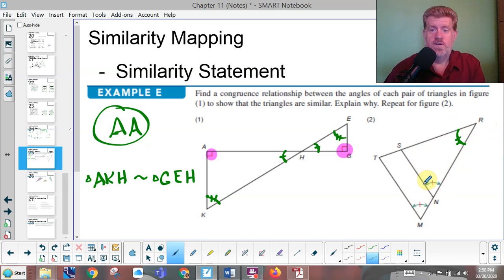And if we can show two angles are the same, then we know the triangles are similar. So in this case, we'll do the small one. Triangle RSN is similar to R, which goes with itself, S and T match up, N and M match up. Here's your similarity statement because of angle-angle.